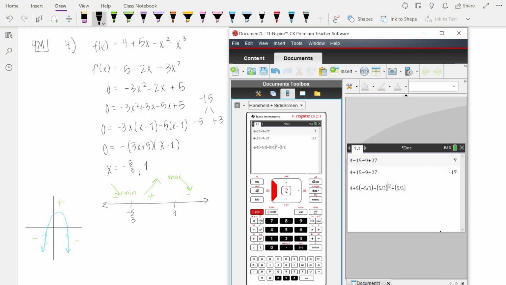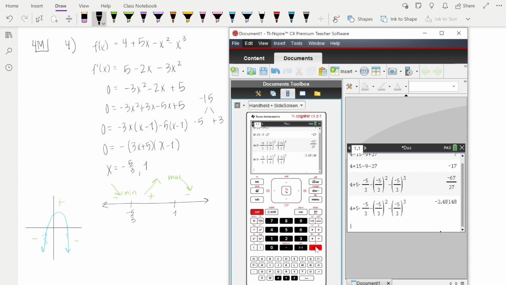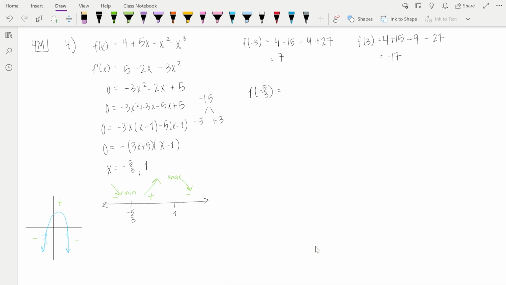Oh, I lost my negatives. Not that it mattered on the square. It will matter quite a lot here. We'll check. 2.48, so this is approximately -2.